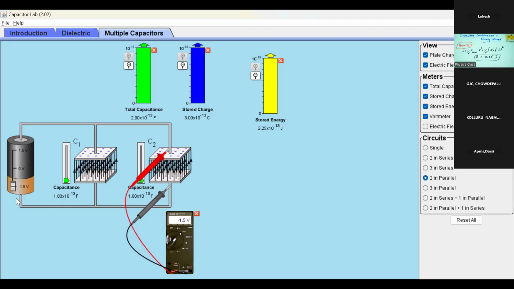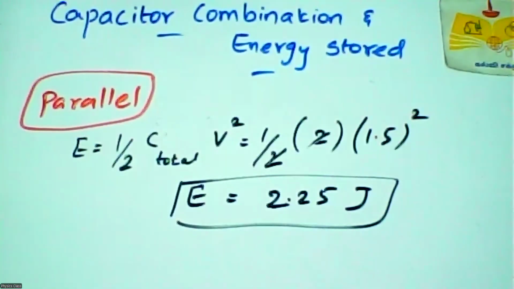But stored energy remains the same, total capacitance remains the same, stored charge remains the same. It just denotes the direction of the electric field lines from positive to negative. Okay. Clear? These are all for parallel connection.